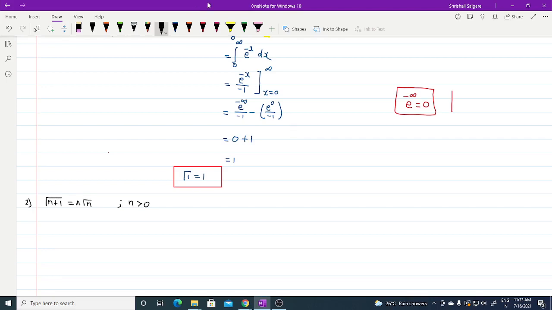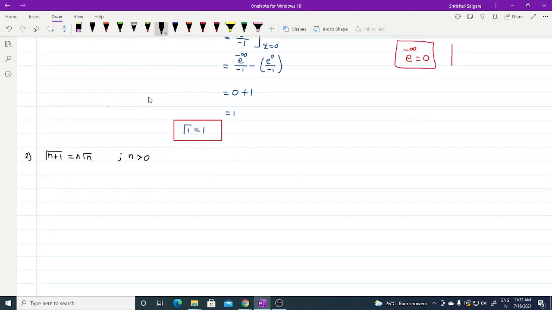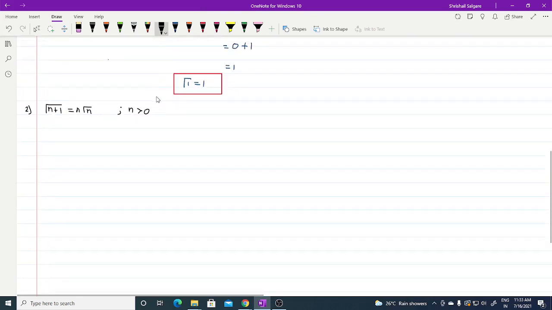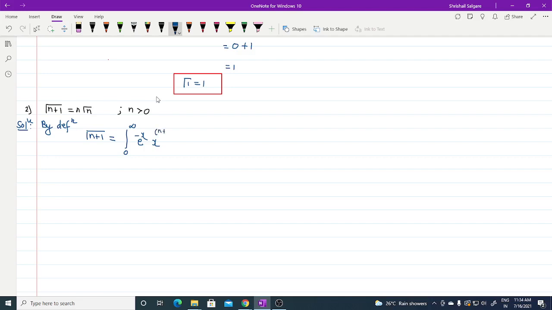It may be real, it may be an integer. By definition of the gamma function, gamma n plus 1 is given as the integral 0 to infinity e raised to minus x, x raised to n plus 1 minus 1. Am I right?